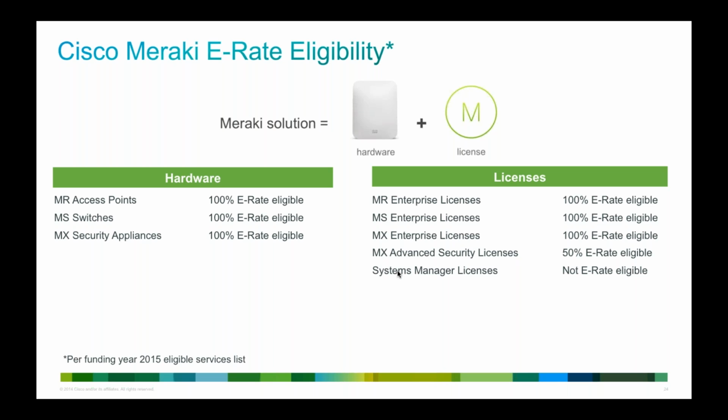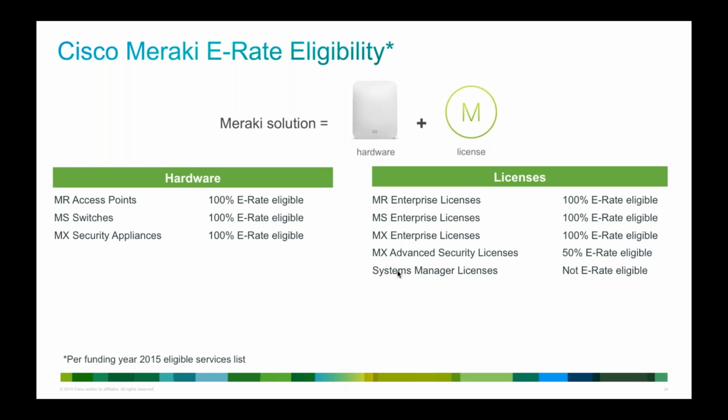On the licensing side, wireless and switch licenses are completely eligible for E-rate. MX Enterprise licensing, completely eligible for E-rate. If you want the advanced security license, which includes the content filtering, Geo-IP firewalling, the new AMP functionality, malware protection, and intrusion prevention, that's 50% E-rate eligible. The reason for that is it's double the price of enterprise licensing. So the 50%, that half that is the enterprise cost, is E-rate eligible.